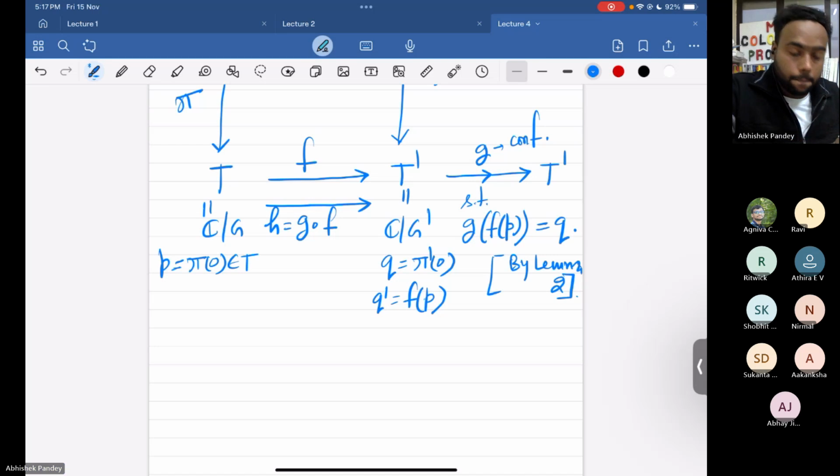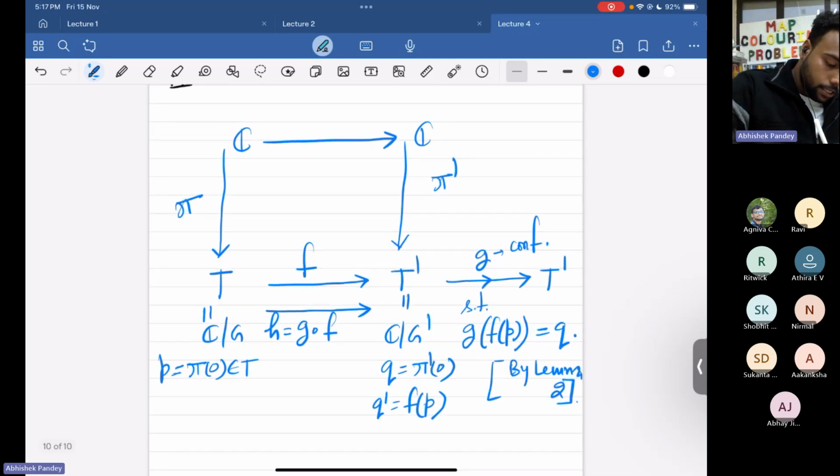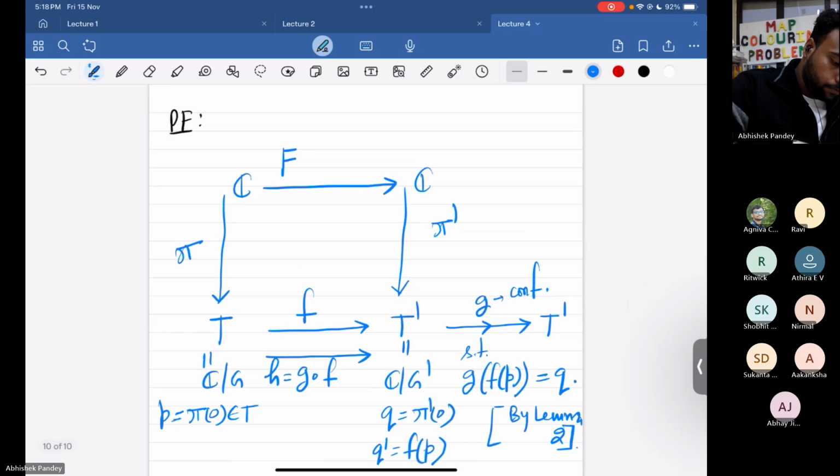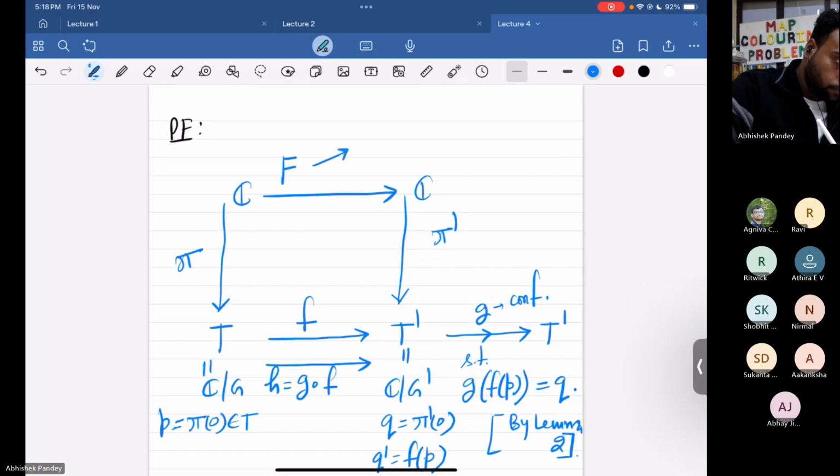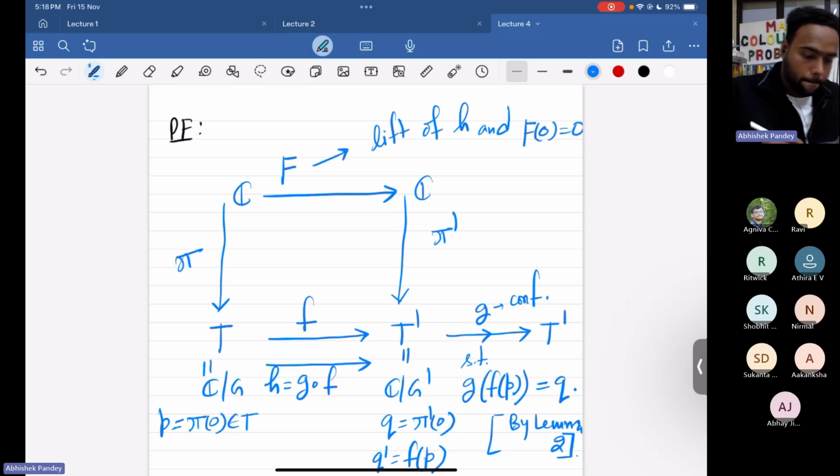Okay. Now consider the lift of H, which we write as capital F. Basically it will satisfy F of 0 equals 0.